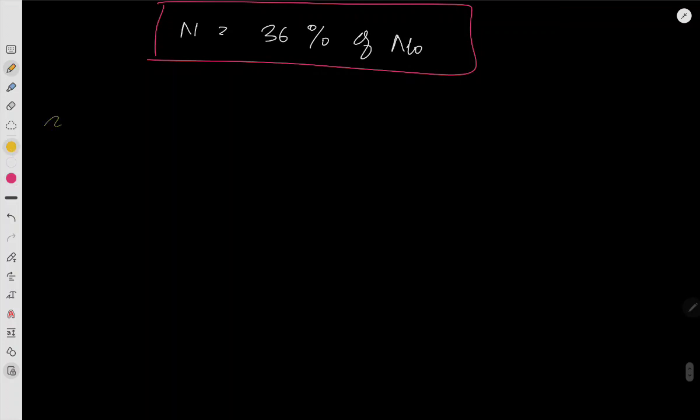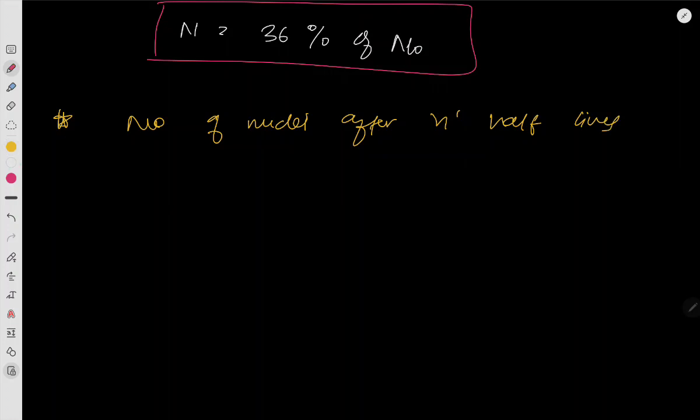And another formula is the number of nuclei after n half-lives, and the formula is N is N naught upon 2 to the power n.